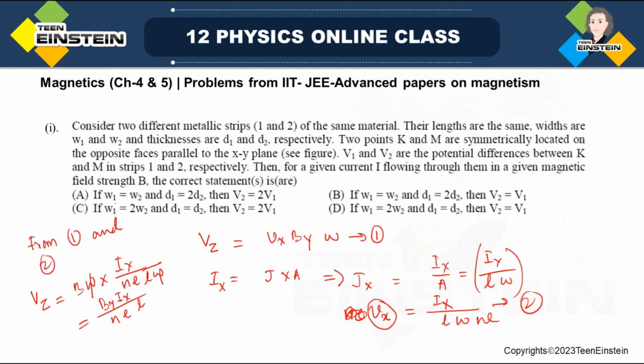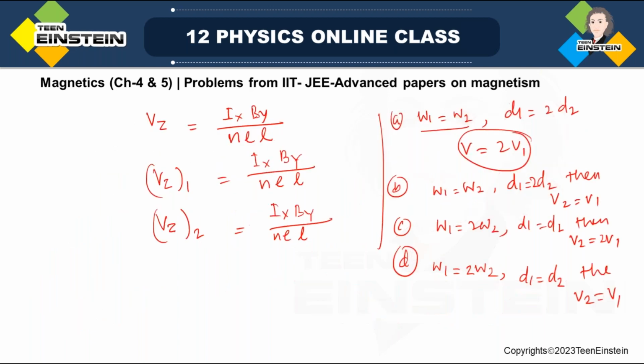So both of them are having the same length for this question actually. Same length, but widths are different and thickness are different. See, if we see this n, it is actually the total number of charge carriers divided by volume.